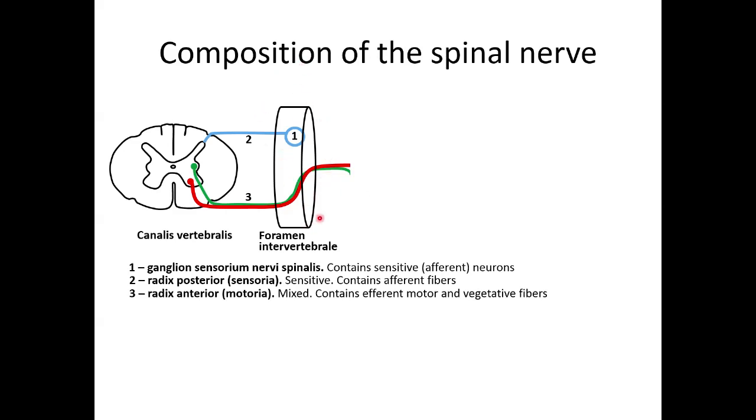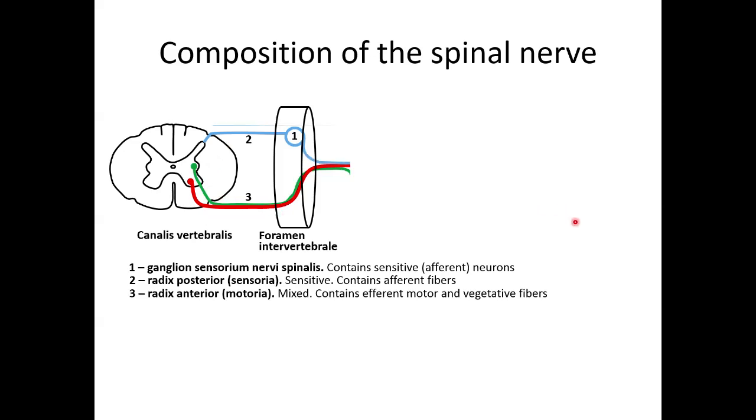Foramen intervertebrale, we use the sign of cylinder to demonstrate that these structures are situated inside of it: both ganglion spinale number 1 and also radix posterior and radix anterior.